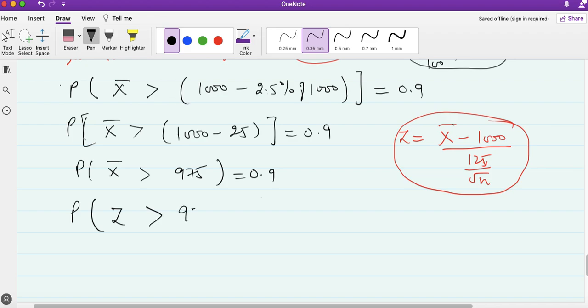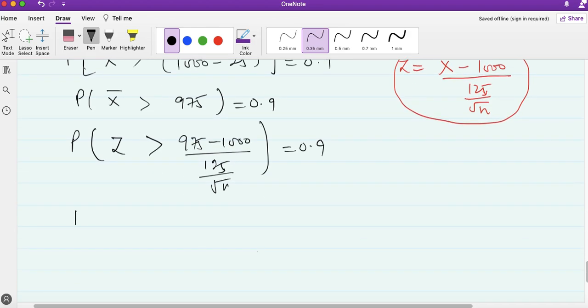So when I find 975 minus 1000 upon 125 by root of n, it should be equal to 0.9, and when we simplify it, when we subtract I'm getting minus 25, root n will go in the numerator, 125 in the denominator.